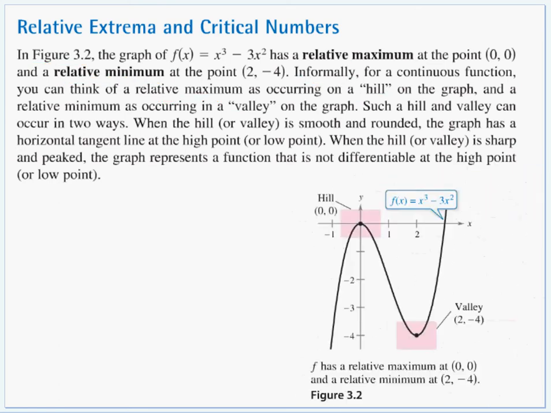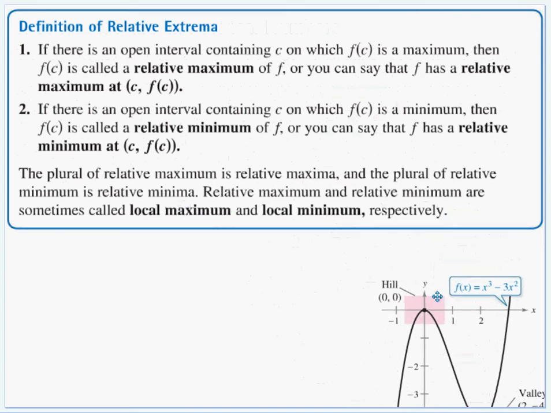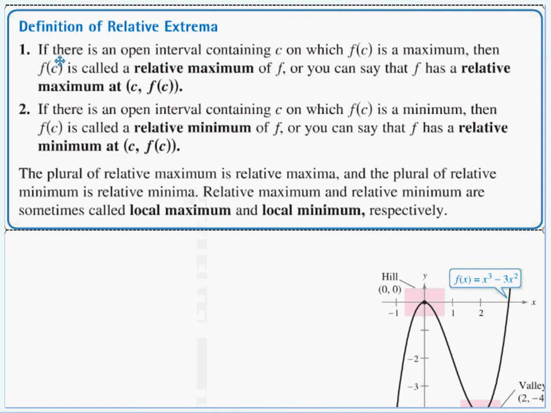So here, our definition box: what is a relative extrema? If there's an open interval containing c on which f(c) is a max, then f(c) is called a relative max of our function, or we can say that f has a relative maximum at that point. If there's an open interval containing c on which f(c) is a minimum, then f(c) is called the relative min of the function, or we can say that f has a relative minimum at that point.